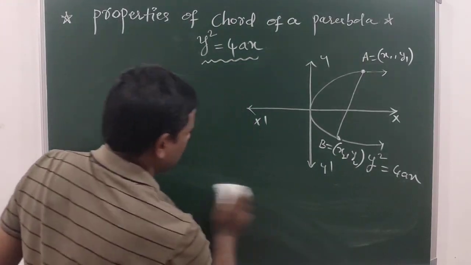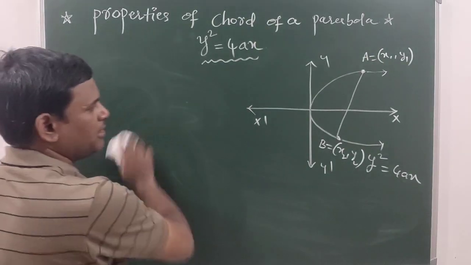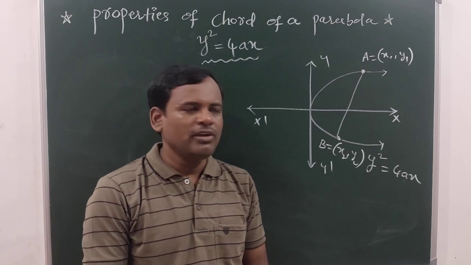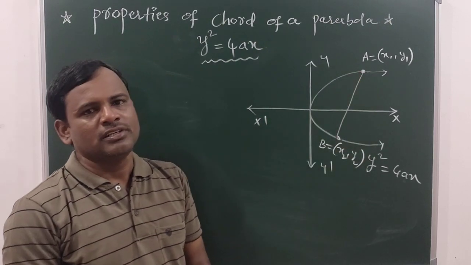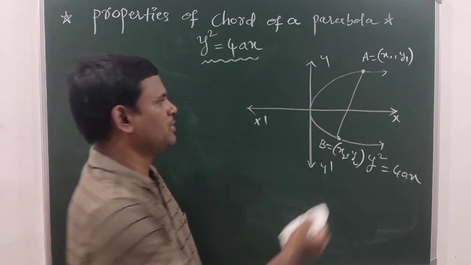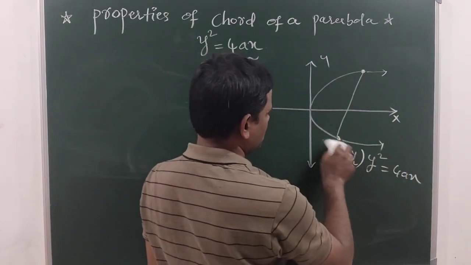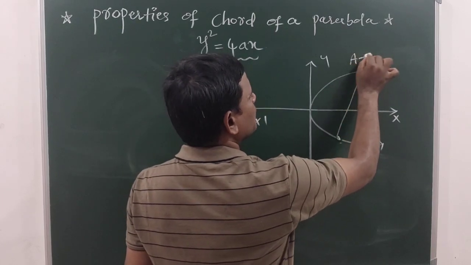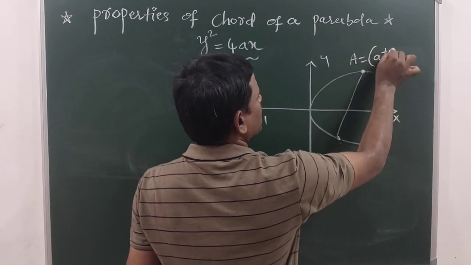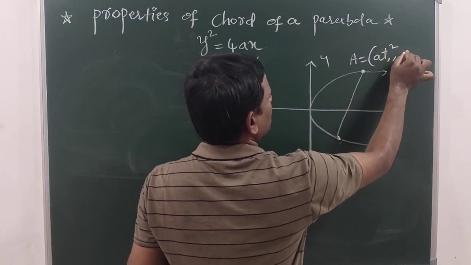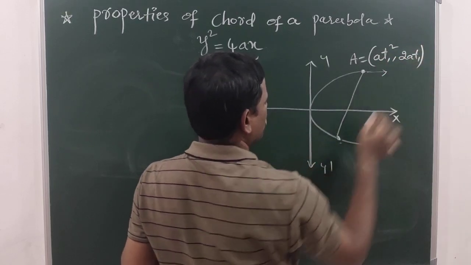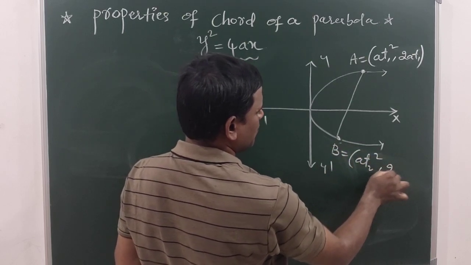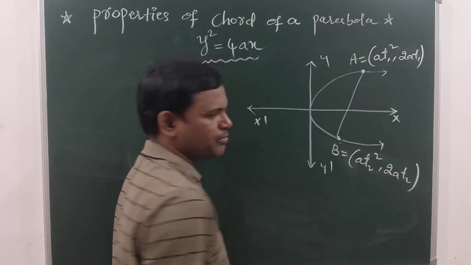Next, in the previous one I gave you A and B in Cartesian form. If I give you these points in parametric form, both points in terms of parameters, A is (at1 square, 2at1) and B is (at2 square, 2at2).